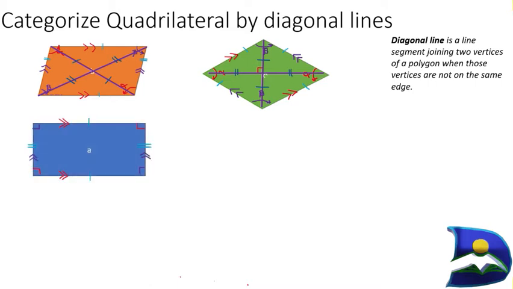So this one here, we notice that we have a diagonal line crossing to the edges and the vertices that are not of the same edges, which we see here that based on the length, all four length diagonal parts are actually equal to each other. And looking at this shape right here, which is the yellow one, we see that these two diagonal lines meet at a point.